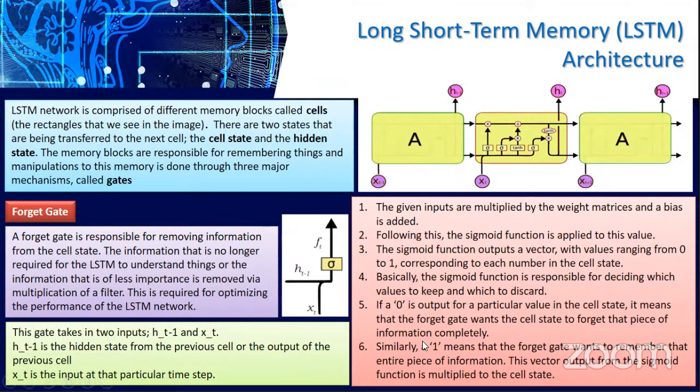If you have a 0 as the output for a particular value in the cell state, the forget gate wants to forget that information totally. If you have a 1, the forget gate wants to remember the entire piece of information. So this is the concept: using LSTM, you can either forget completely or forget partially from the original information.